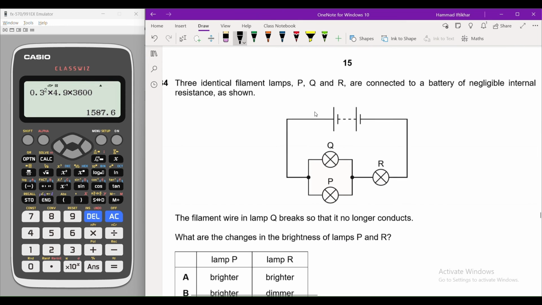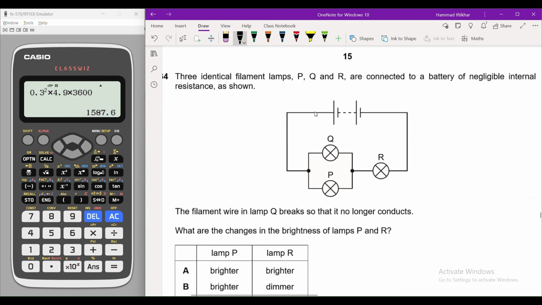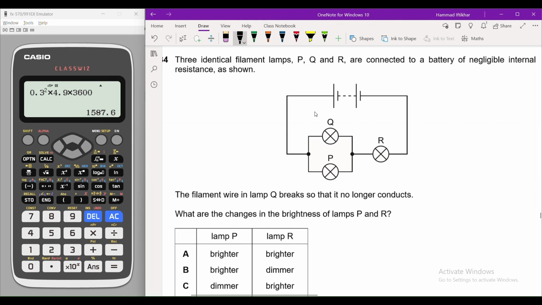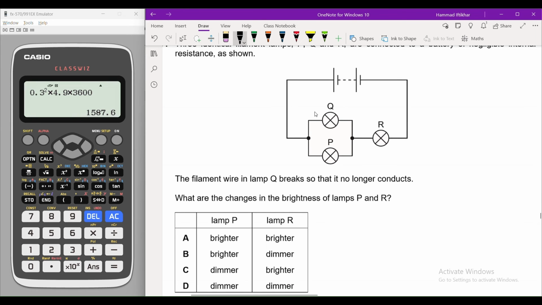Okay, all right. 34. Three identical filament lamps, P, Q, and R, are connected to a battery of negligible internal resistance as shown. The filament wire in lamp Q breaks so that it no longer conducts. What are the changes in the brightness of lamps P and R? So if Q is not working anymore, the total effective resistance of the circuit increases, because resistors in parallel only reduce the effective resistance.